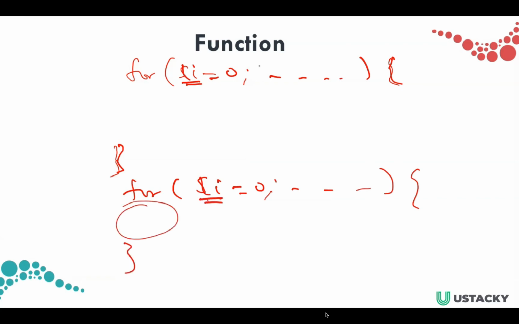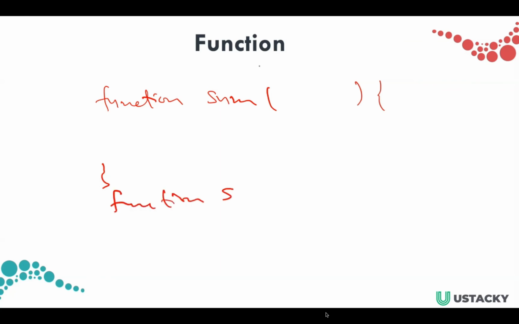So there are two different things. But anytime you make reference to $i in this context, you are still referring to the same variable. And also when you make reference to $i here, you are still referring to the same variable. But outside the context, you are referring to another variable, even though they have the same naming.